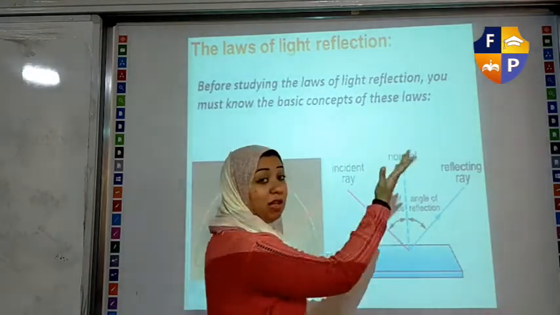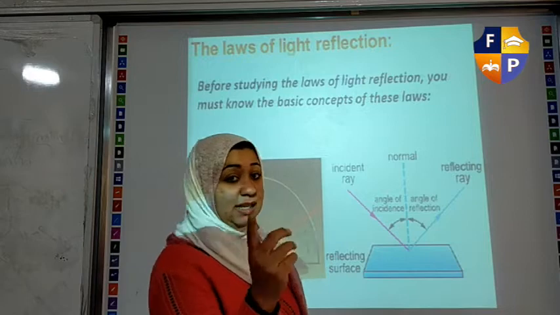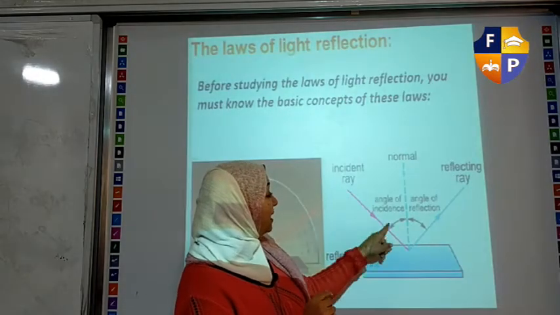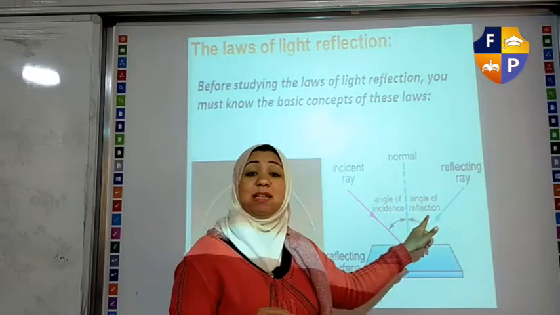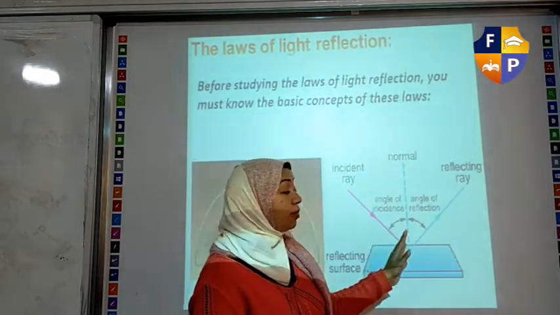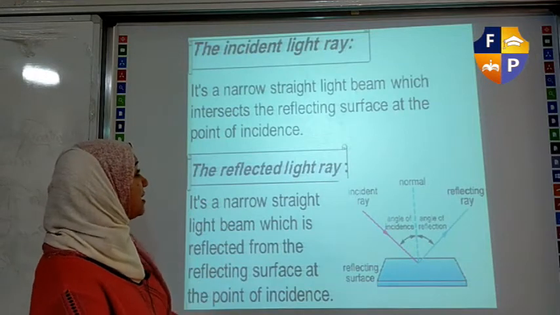And this angle, like in geometry, is the angle of incidence. Again, repeat after me, angle of incidence, which lies between the incident light ray and the normal line. The second angle is the angle of reflection, which lies between the reflected light ray and the normal line.